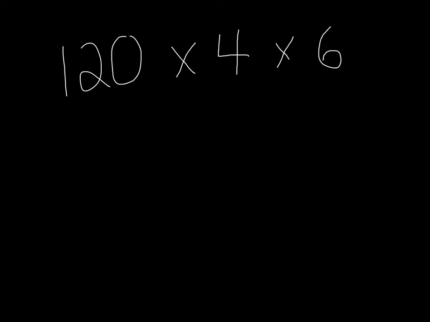So this is the operation. I want to know how many boxes of juice are in each big box. So that's why I have to multiply 4 times 6, because there are 4 cases. Remember, each case contains 6 boxes of juice.